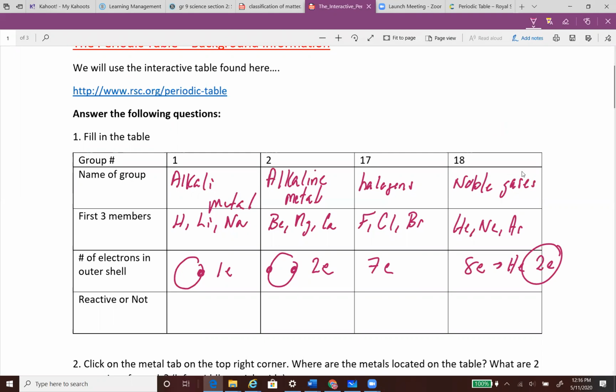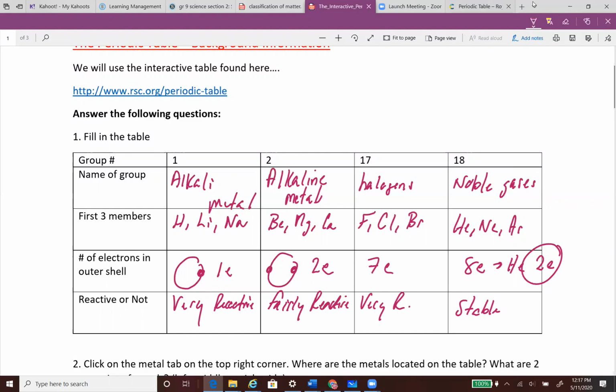If you remember, they want to be like the noble gases, because the noble gases are stable, so they're not reactive. The closer they are to being full or empty, the more reactive. So alkali metals are very reactive. Halogens are very reactive, but the alkaline metals are a little bit less, so we'll call them fairly reactive.